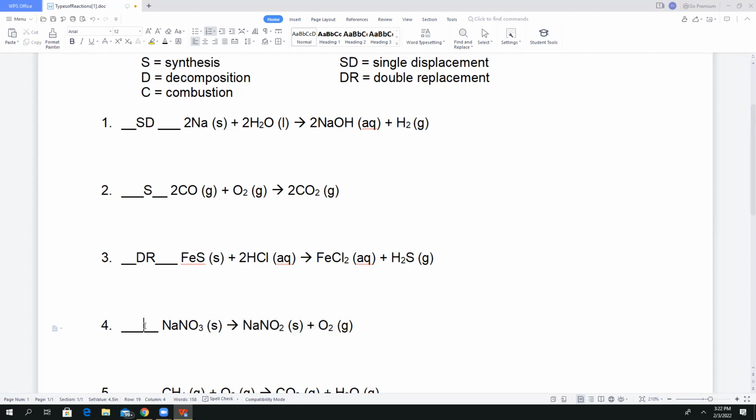So this is a decomposition. Now, let's see if it's balanced. No, it's not. So you got to put a 2 in front of this one because the other numbers are all even, right? The other O's. So now you've got 6, so you need a 2 right there, and you're done. You have balanced the whole reaction.